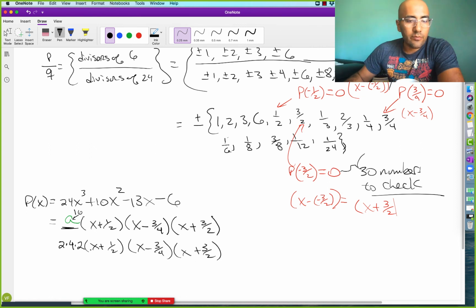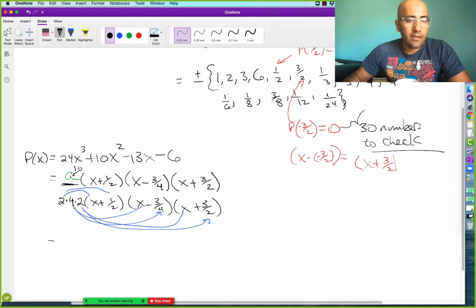And then when I distribute, remember with multiplication, I would distribute to one of them, not to all three of them. So I want to distribute this 2 into this binomial. I want to distribute this 4 into this binomial. And then I want to distribute this 2 into this binomial.